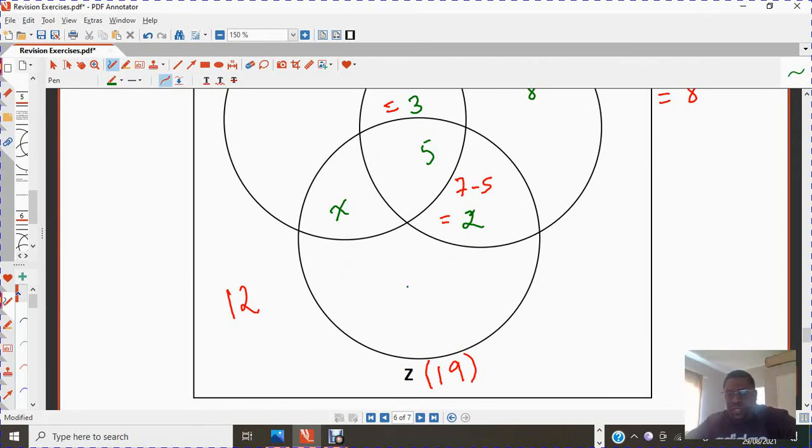You follow what I'm saying? If we knew this, we'd simply be saying, all three subtracted from 19. So 5 plus 2 plus X plus this little region here should give us our unknown value. But let's look at what we have. We have 7, the 5 plus 2.